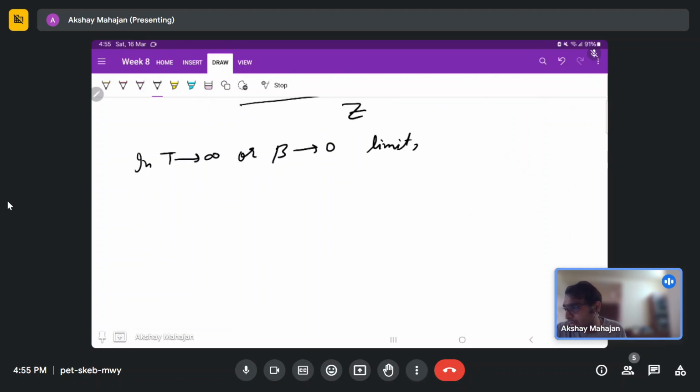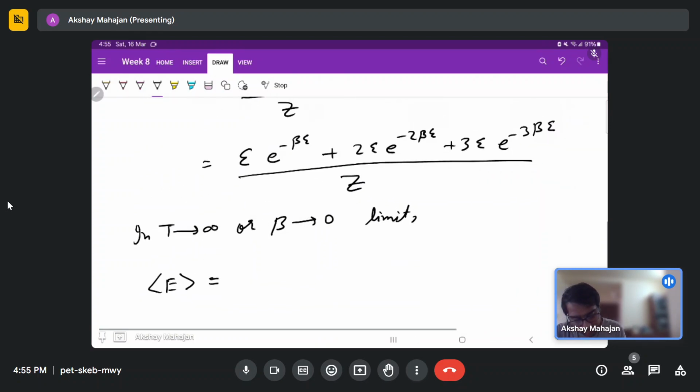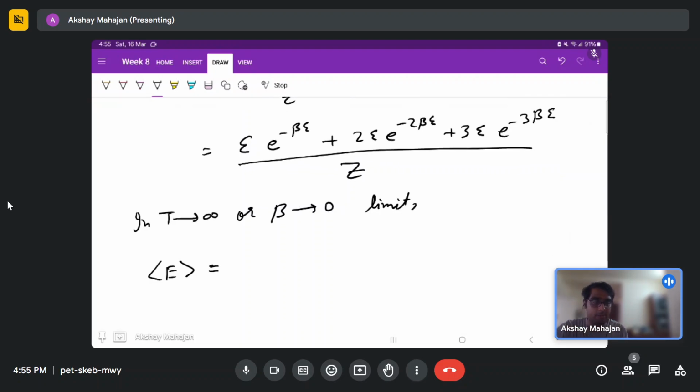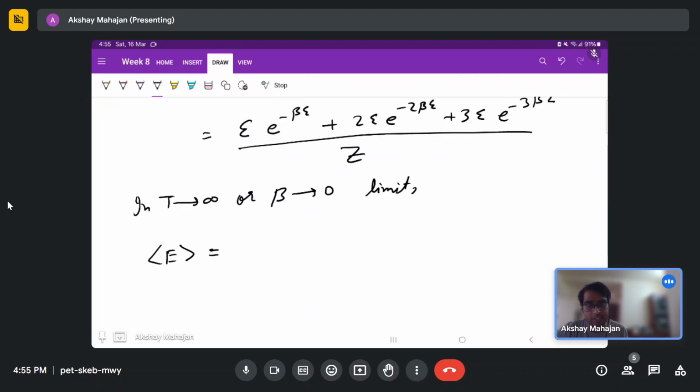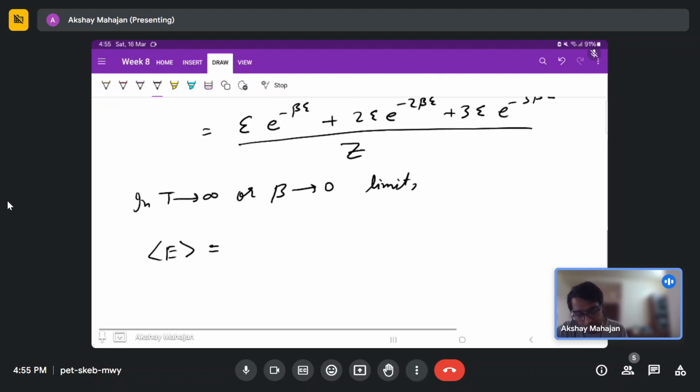what you are going to have is your average energy. As beta will tend towards 0, we can take the e to the power x terms as we have seen in the previous problem as well. As T was tending towards infinity, we put the value e to the power 0.